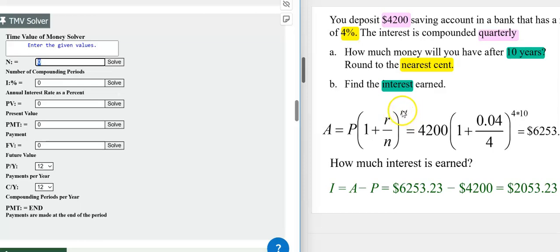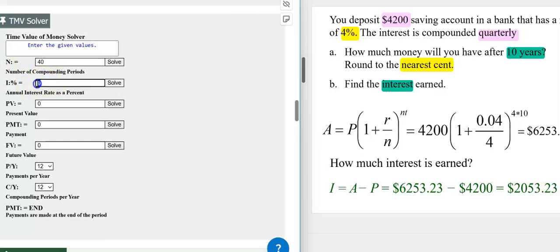So if you multiply n times t, that's uppercase N. So here use 40 as N. In the TVM solver, uppercase N is n times lowercase t, which gives you 40 here.